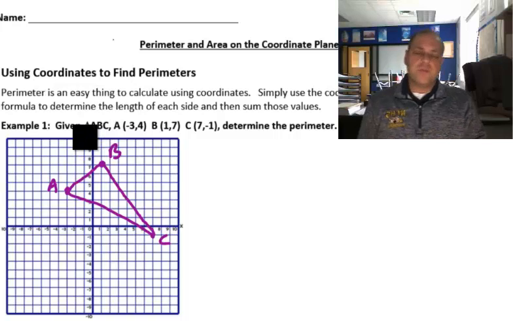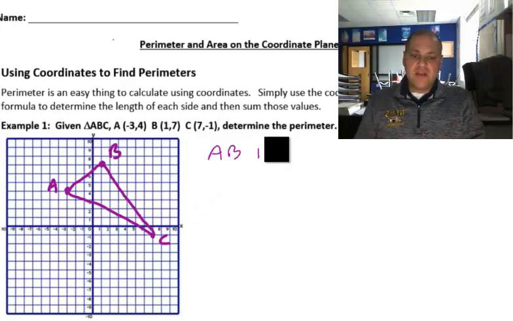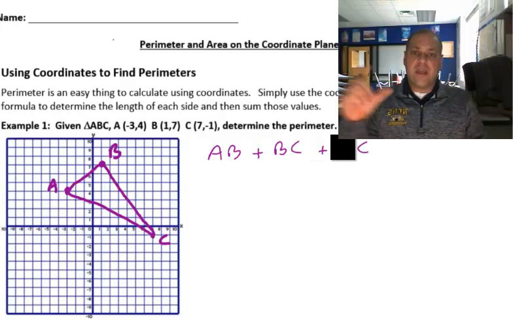First of all, perimeter is pretty simple because perimeter is just adding up the lengths of all the sides. So basically, to find the perimeter of this triangle, I have side AB, I have BC, and I have AC. And I'm just going to add up all three side lengths.